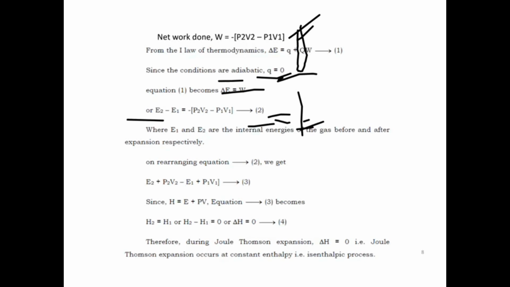So by resolving we get E2 plus P2 V2 minus E1 plus P1 V1. That is equation 3 here. And H is enthalpy.